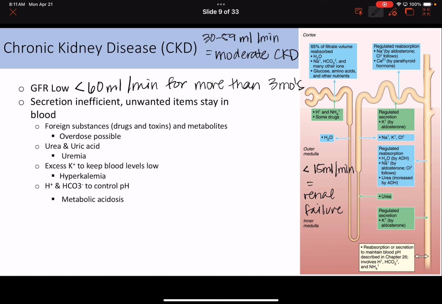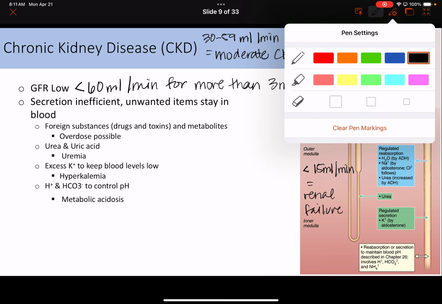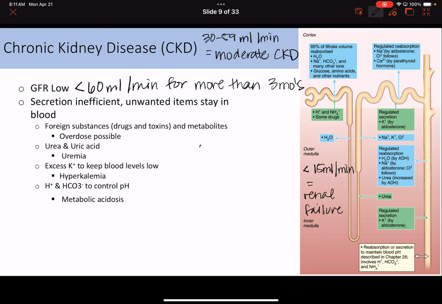And so with CKD, what you're going to see are some symptoms and signs: nausea, vomiting, fatigue, dizziness.